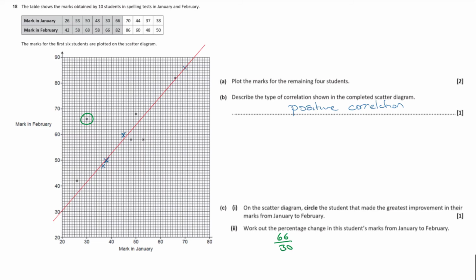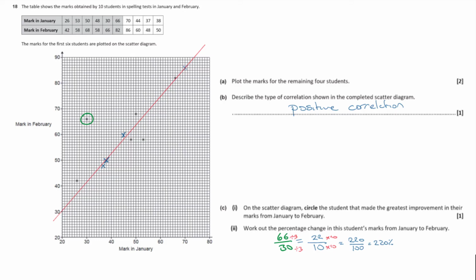I'm going to try and get this as a fraction over 100, so we can read it as a percentage. So if we divide top and bottom by 3 first, the reason for that is then I'm going to get 22 over 10, and then that allows me to scale up nicely to 100 by multiplying through by 10. Okay, so then that's 220 over 100, which is 220%.